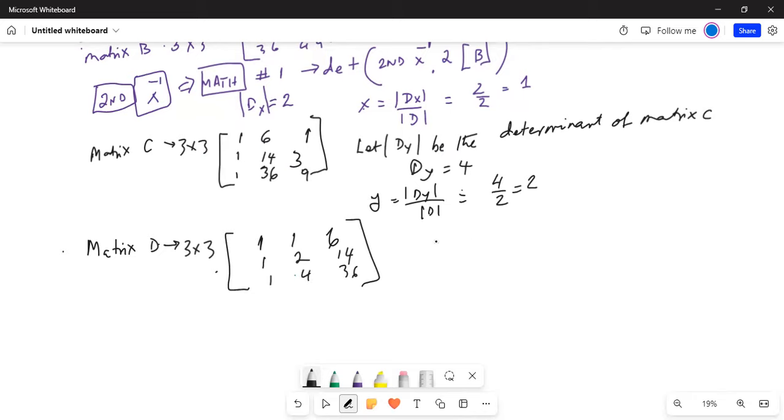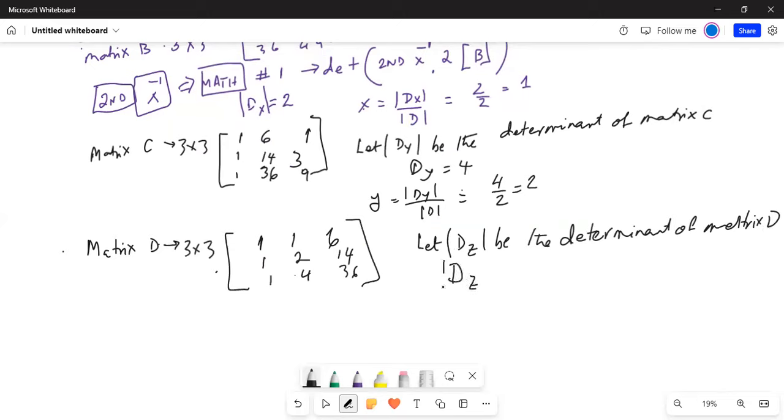And for z, let dz be the determinant of matrix D. So we have to find the determinant dz. Okay, so dz, how do I do that?